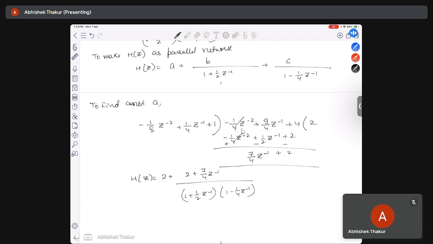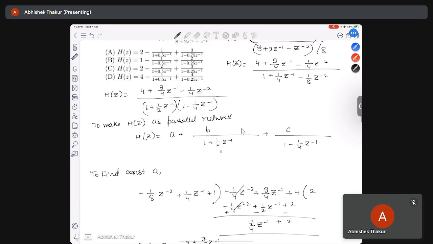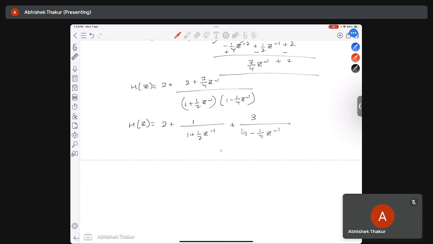So now we have to find B and C. So B and C we can find out using the partial fraction decomposition of the second term of H(z) in this equation. So when we do partial fraction, we will get 2 plus 1 by 1 plus half z inverse plus 3 by 1 minus 1 by 4 z inverse. So this is our A, this is B, and this is C.